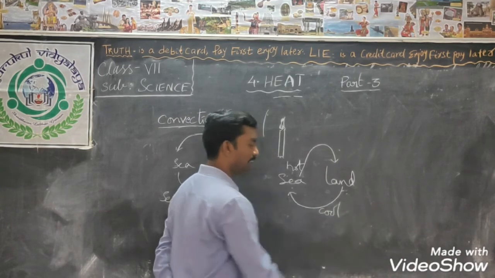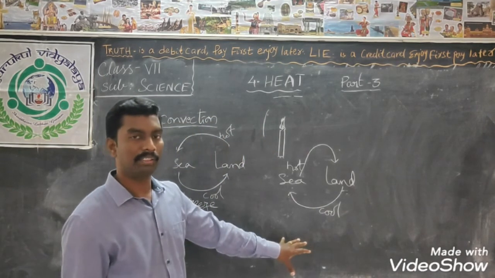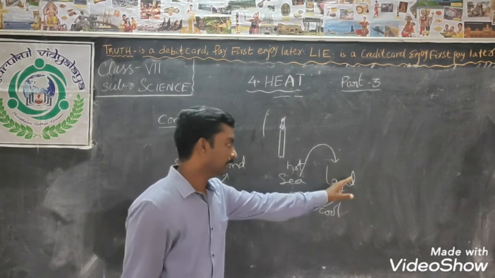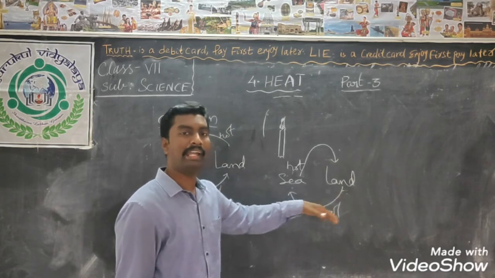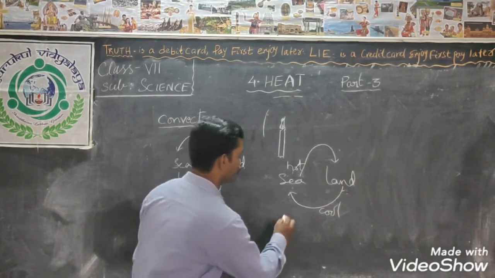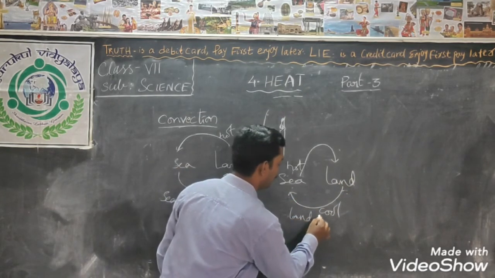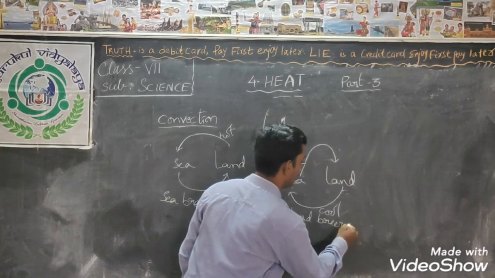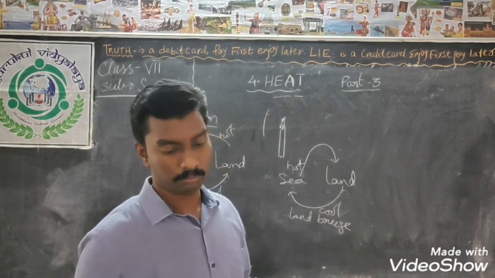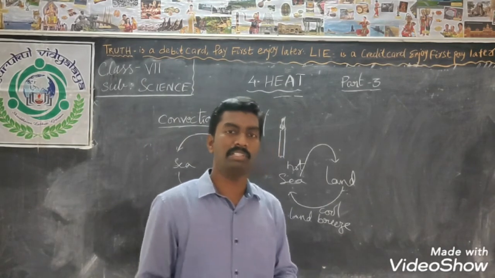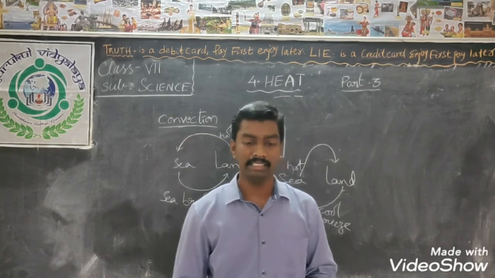So now what is happening? What do we call this one? The breeze which is coming from the land to the sea, we call it land breeze. So this is about the convection process, one phenomenon which we experience in our daily life.